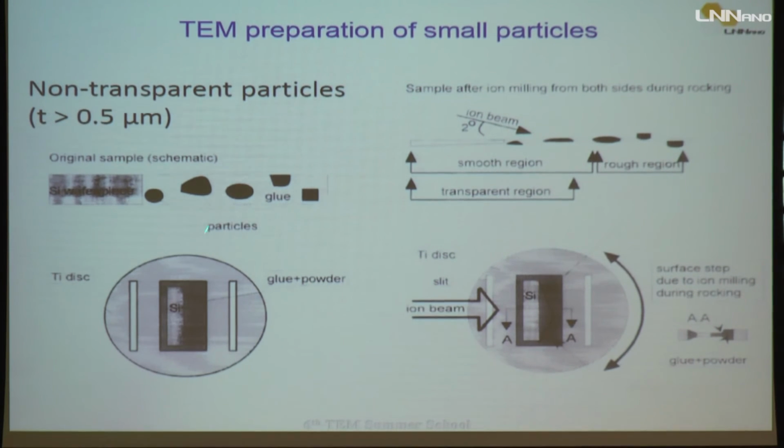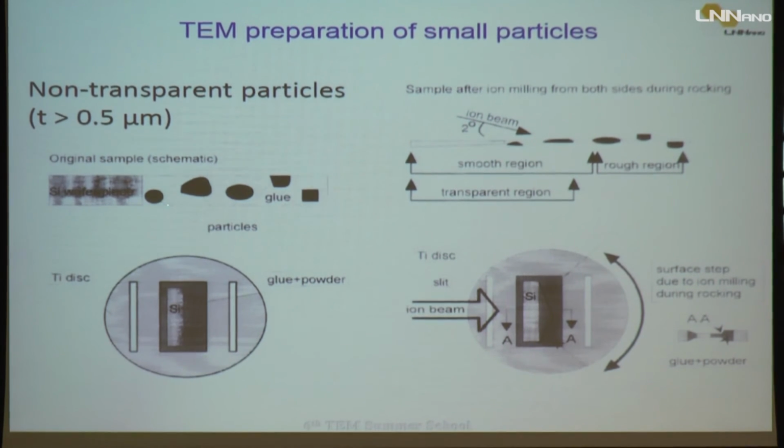Okay. Here, what is shown is the particles embedded in a resin, a glue here, and the strategy here is to make it thin, and to go to the ion beam milling machine to make a very thin area of the sample, electron transparent, to go to the microscope. Okay?